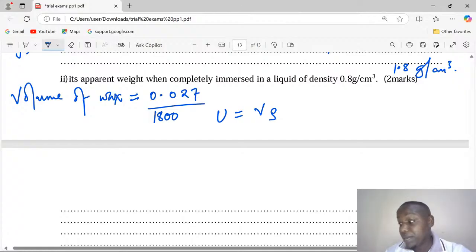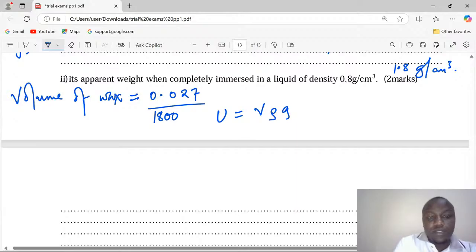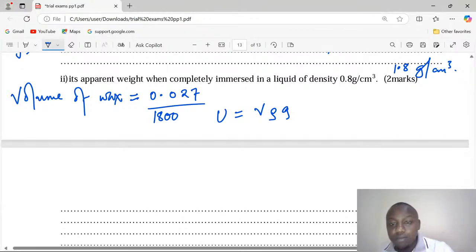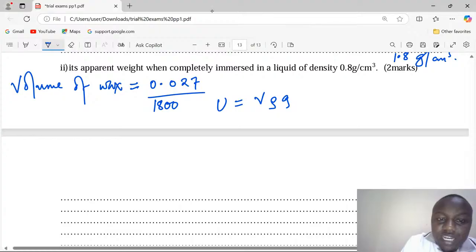Then we have to multiply this by G. If this is the volume of the wax, then it shall displace an equal volume in the given liquid.